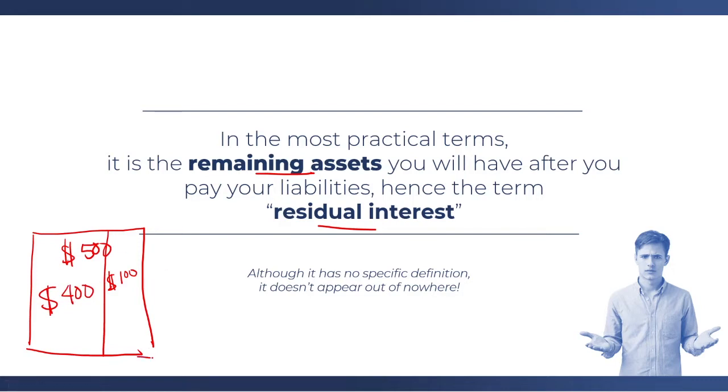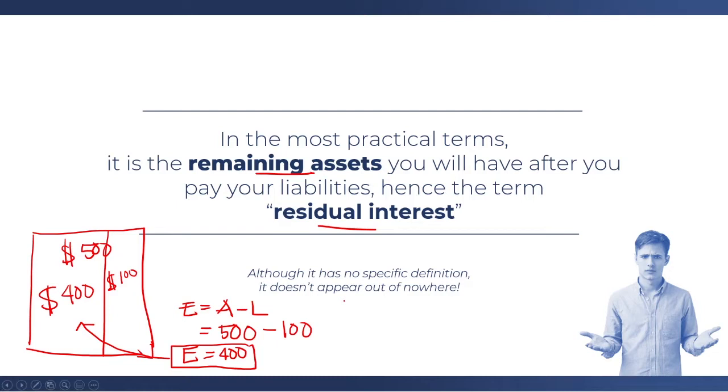So your equity calculation will be as follows: 500 of assets minus 100 liabilities, equity is equal to 400. Same as the amount that we see here. So that is an illustration of the residual interest definition of equity.